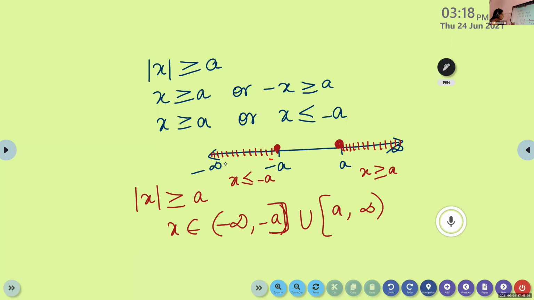Then I'm representing this on the number line, minus infinity to plus infinity. Here we have negative a, positive a. X is greater than or equal to a means all the values which lie to the right of a. Similarly, x is less than or equal to minus a means values on the left side. So we can write this as minus infinity to minus a, union a to infinity.